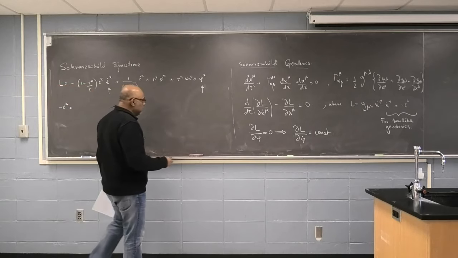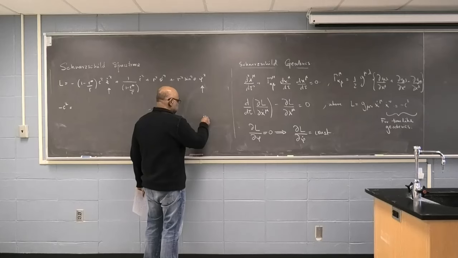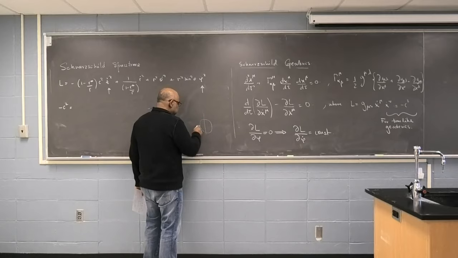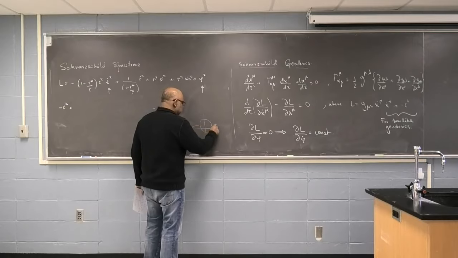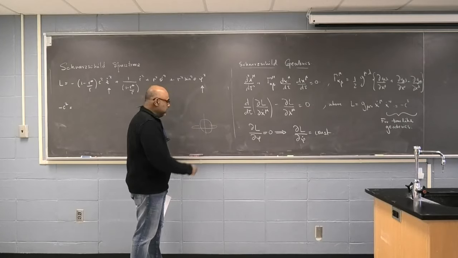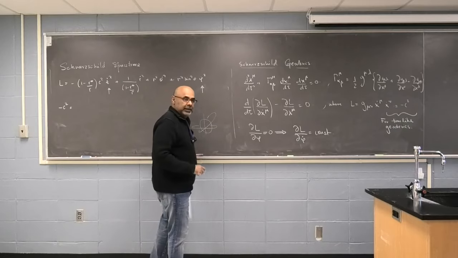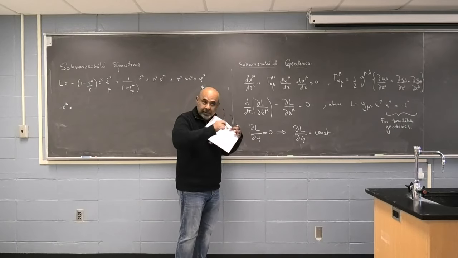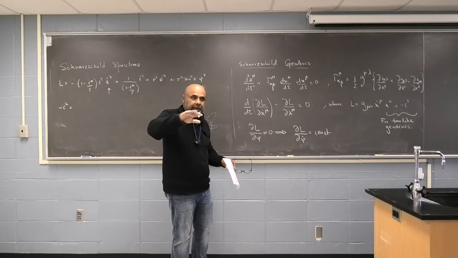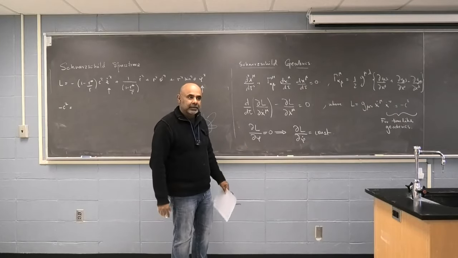But I'm going to do one more simplification. So I'm going to look at orbits, these geodesics. Now, if you look at a planetary orbit, if a planet's moving like this, it's going to stay in this plane. If it's moving like this, it's going to stay in this plane. Will it ever get out of a plane? Because of the spherical symmetry, will anything push it out of the plane?